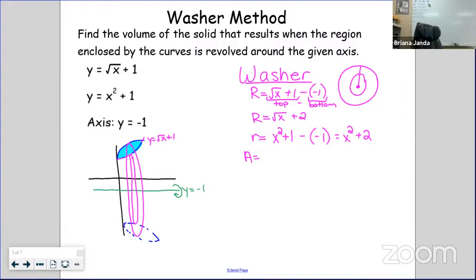And your area gets a little bit ugly on this, and I wouldn't worry about cleaning it up at all. Our big radius, square root of x plus 2 squared, minus our small radius, x squared plus 2 squared. And all of that is going to go inside our integral.